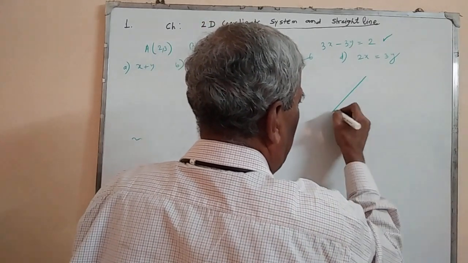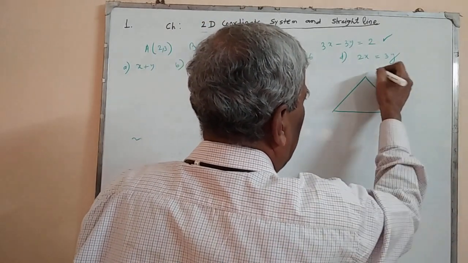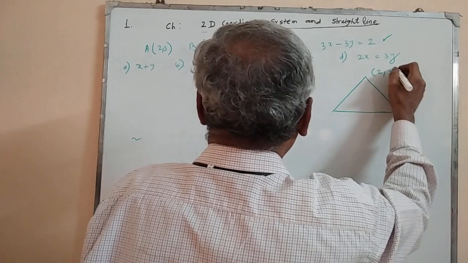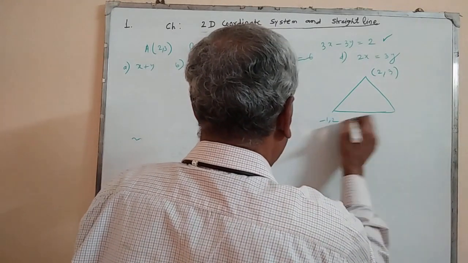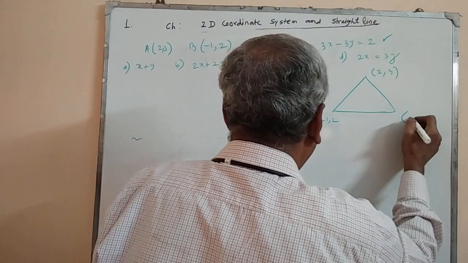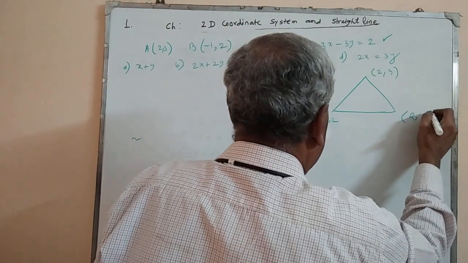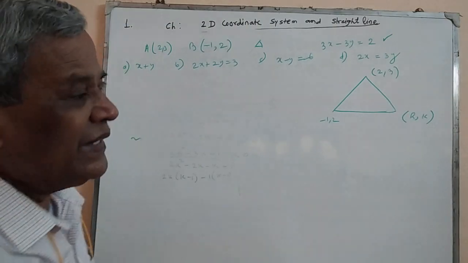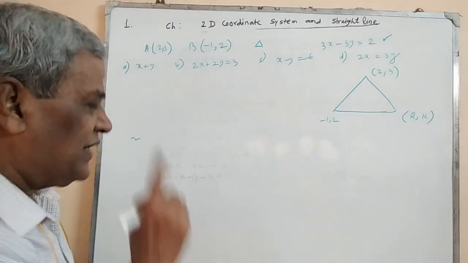So this is the situation. It is (2, 3), (-1, 2), and this is unknown. Let us take this as (h, k). So very easily we can calculate its centroid.